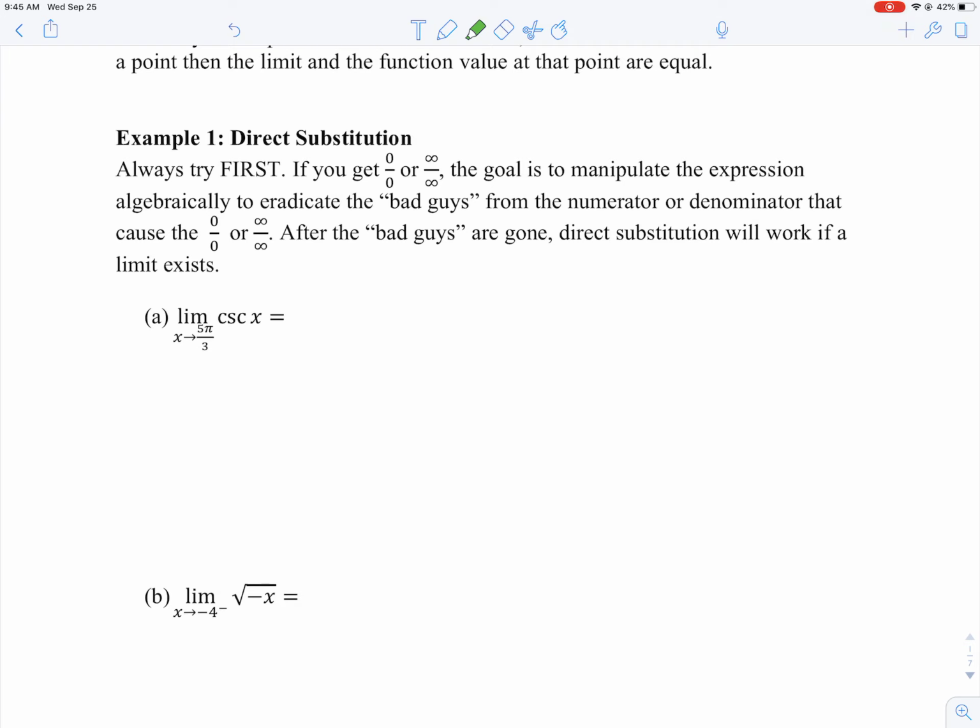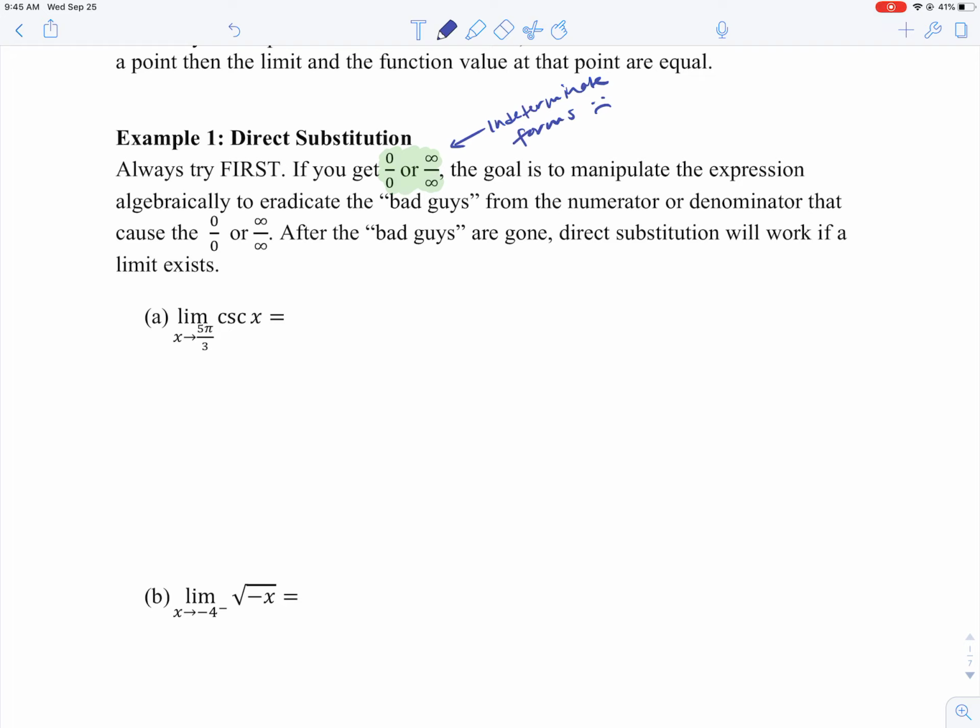If you run into 0 over 0 or infinity over infinity, those are two different types of indeterminate forms, where there could be a limit or there might not. And you have to use some algebra to manipulate the expression that represents the function to get rid of whatever's causing that 0 over 0 or infinity over infinity from the numerator or denominator.